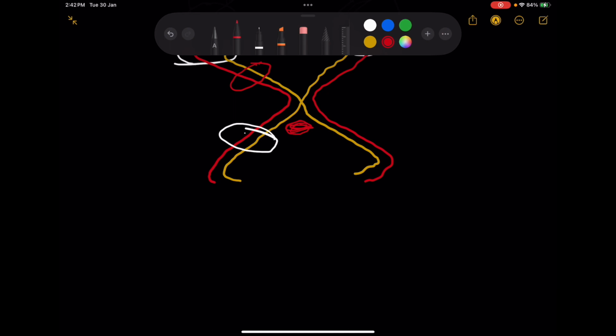Then these tracts basically end at the superior and the inferior colliculus on the posterior side of the midbrain.